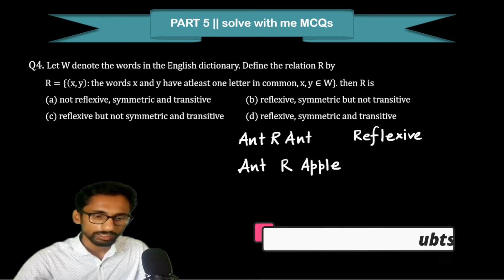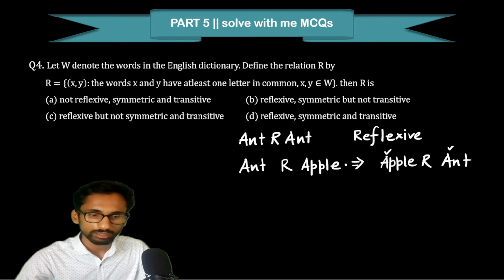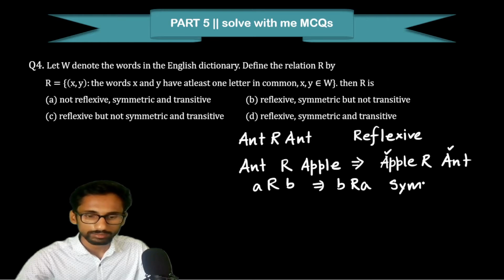So ant is related to apple, and we can also say that apple is related to ant in the same way because A is common there. That means if any word A is related to B, it will lead to B is also related to A. That is symmetric.